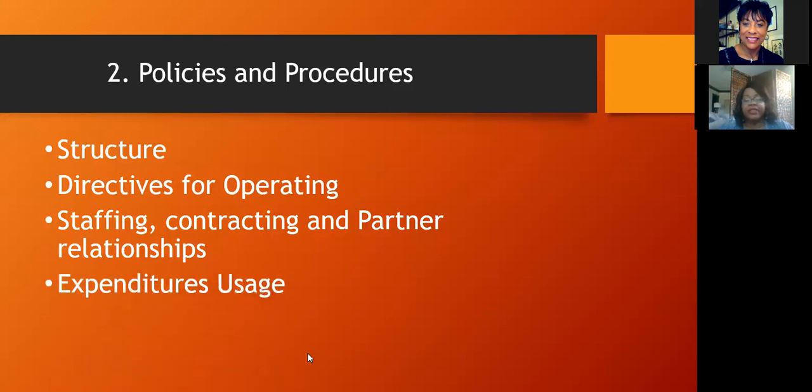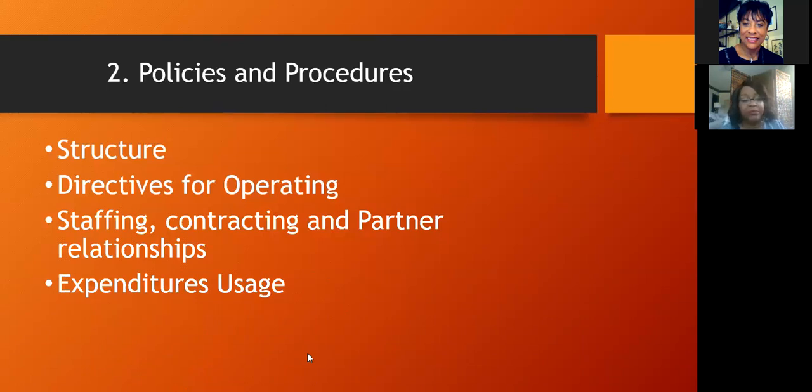The next factor is, in your policies and procedures, you want to identify your expenditure usage. Unfortunately, this is a challenge for many workforce development programs for a number of different reasons. They have gotten off program.